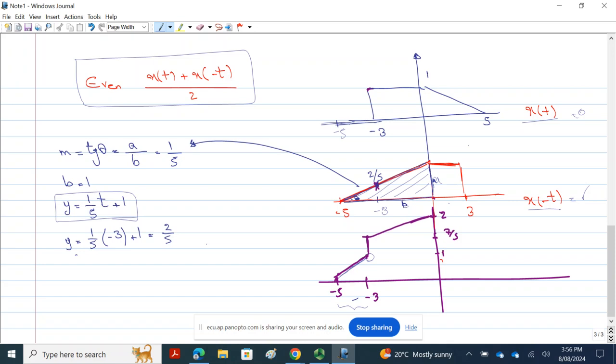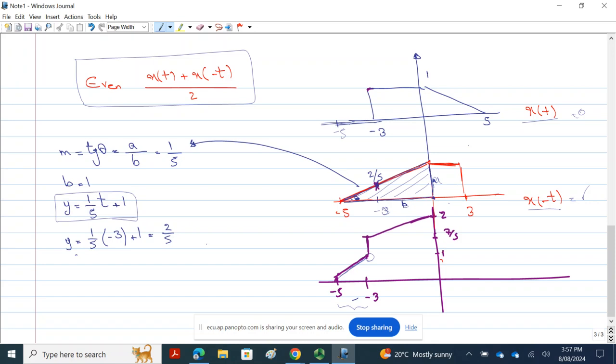Now, if I want to find the value at minus 3, all I need to do is replace t by minus 3. And then it gives me the value of 2 over 5. So I know I'm sitting at 2 over 5 at this point, at t equal to minus 3. Let's check it. If I put t equal to 0, it should give me 1. That's what it does.